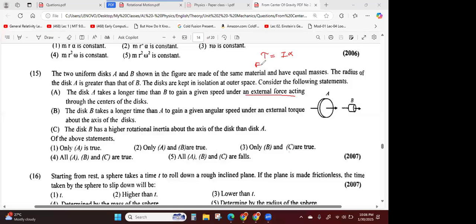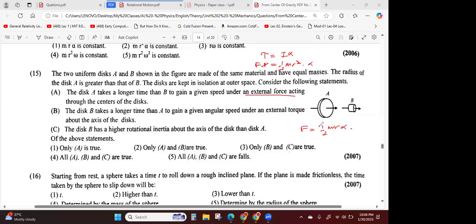So torque equals F into R equals, it's a disk, so half MR squared is the moment of inertia, into alpha. This R and this R cancel. So F equals half MR alpha.